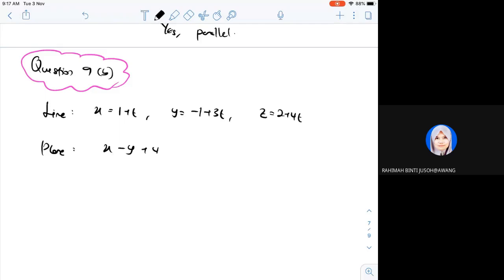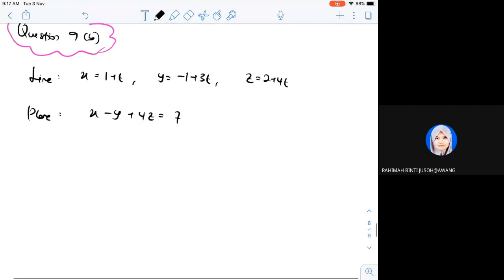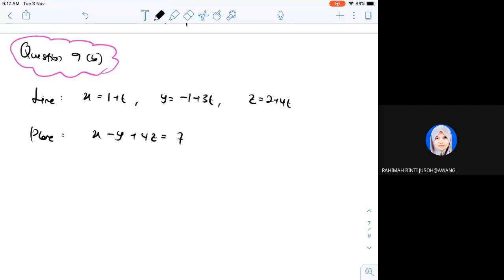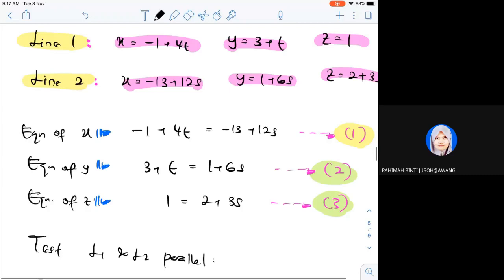Okay guys, now we want to test whether line and plane intersect. Okay, so in order to test whether line versus plane intersect, look at the notes back.